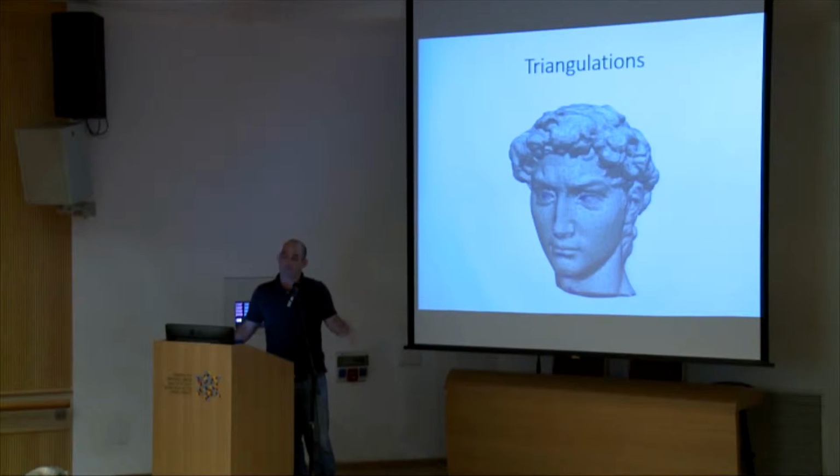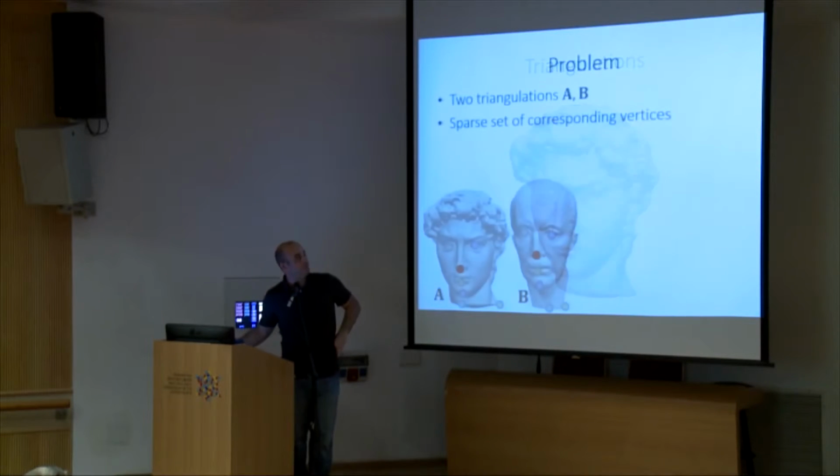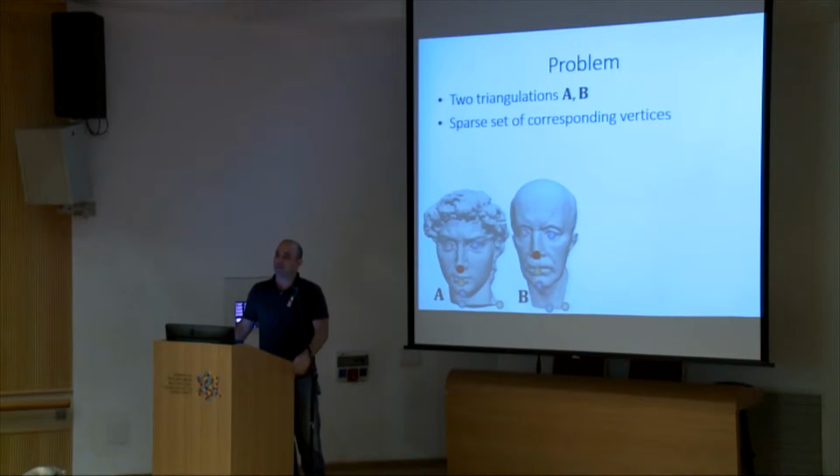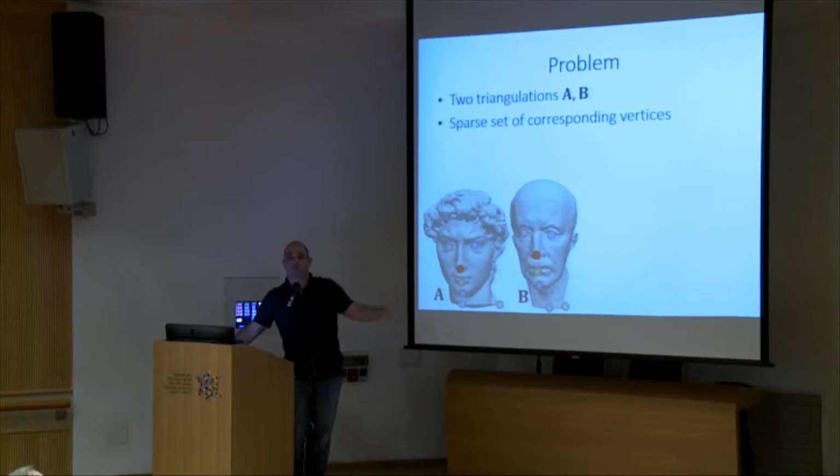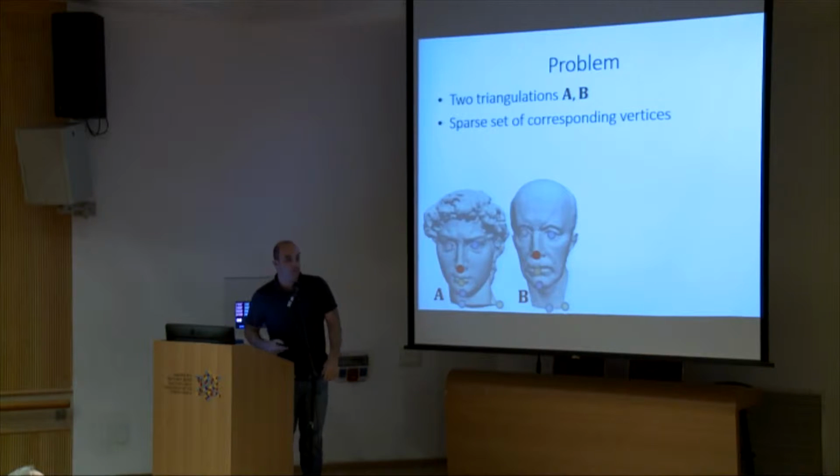For example, this is a particularly famous surface that people like to show. And the problem I would like to discuss is that we're given two such polyhedral surfaces, so two such triangulations, and some sparse set of vertices which are colored, meaning that they correspond in some sense because someone thought that these are corresponding.